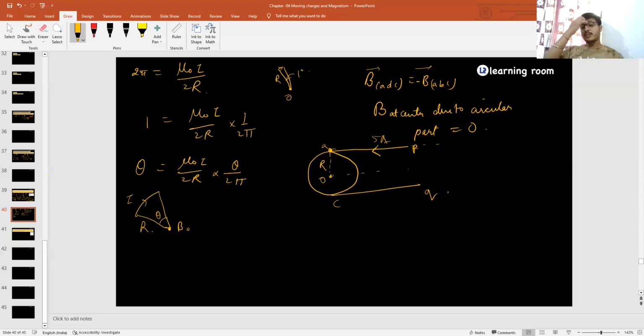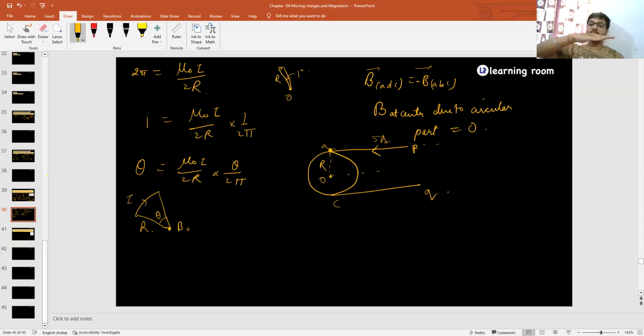Take your right hand, straight right hand, no curve. Place your right hand so the fingers point in the direction of the current. If my current is going this way, I'll place the right hand along this direction. Point number 2, face your palm towards the point on which you have to calculate the magnetic field. So that is downwards.